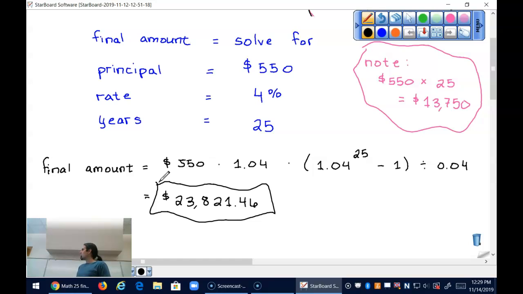So you'd expect us to double things in 18 years. We didn't quite double, and it's been 25 years, but we didn't put it all in at the beginning. So this sounds right. If we had gotten 60,000 as an answer, that would be suspiciously large. That would be too much doubling for 4%. So we can think like that.